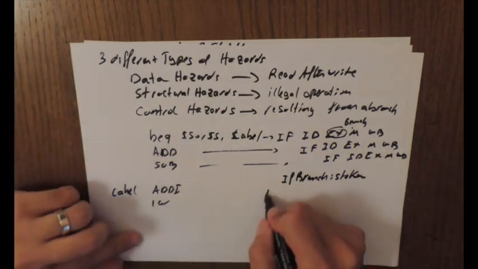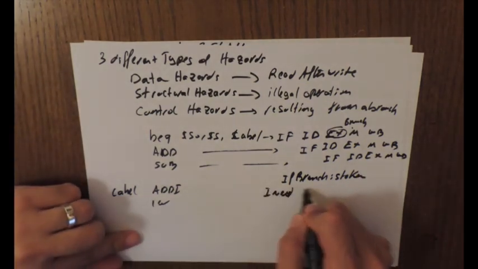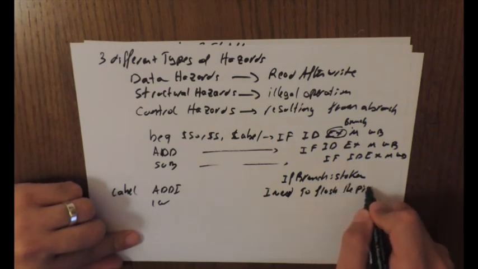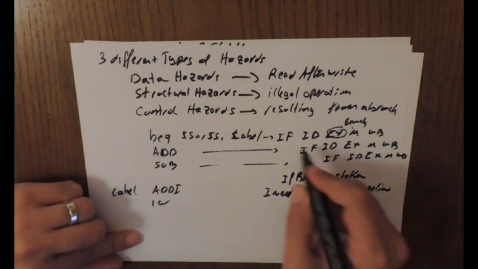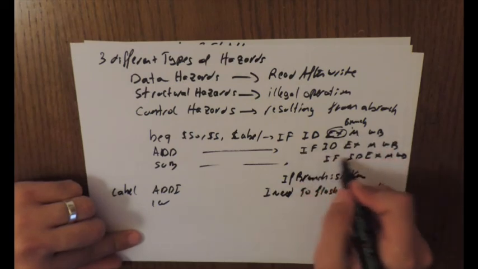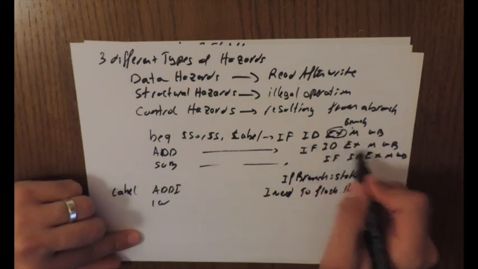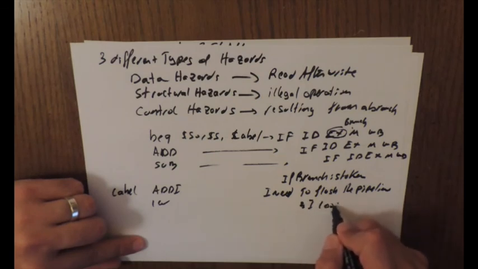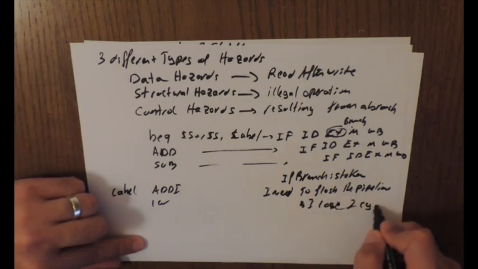I need to flush the pipeline, which means this automatically converts those 2 instructions to no operations, and I lose 2 cycles.